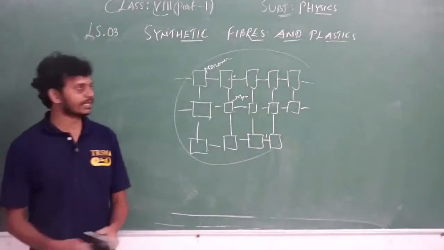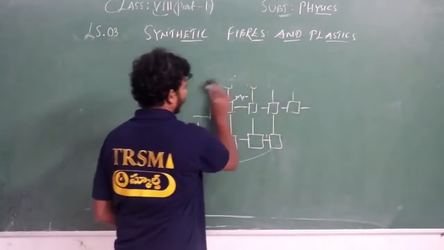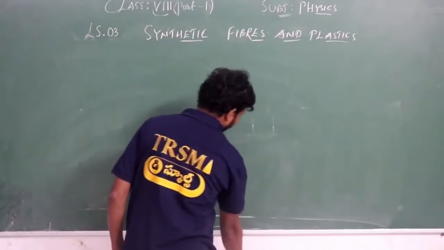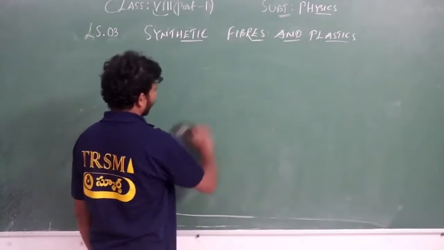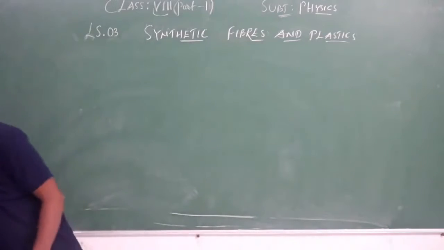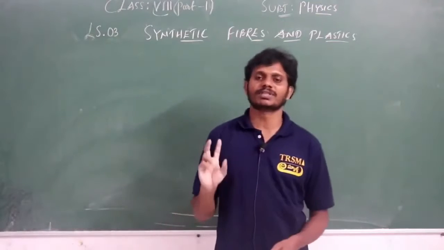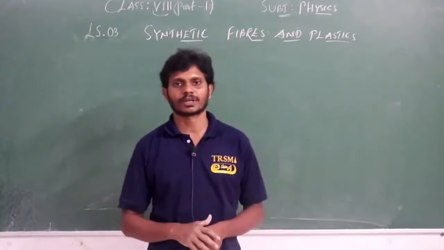We know we have different types of fibers: natural fiber and also synthetic fiber. Even in natural fibers there are two types, plant fiber and animal fiber. That's what I explained previously, so I repeat once again. Two types of fibers: natural fiber and synthetic fiber.